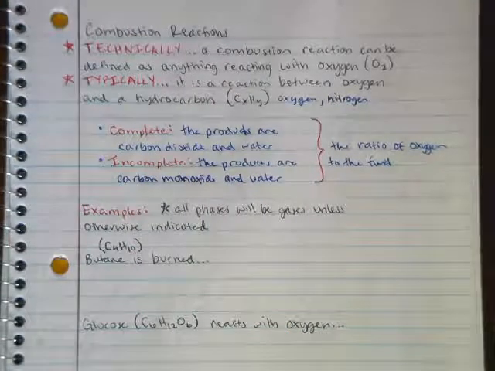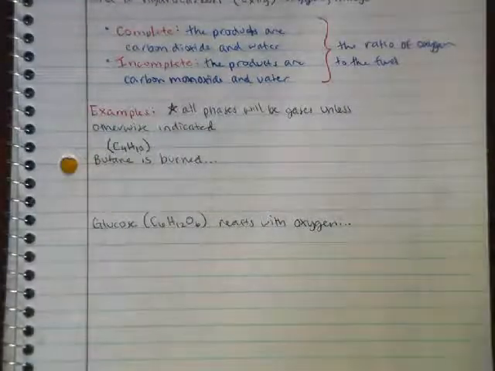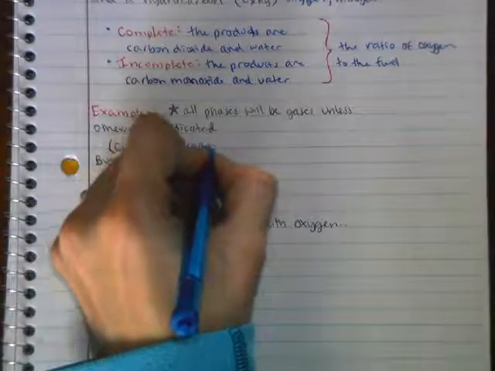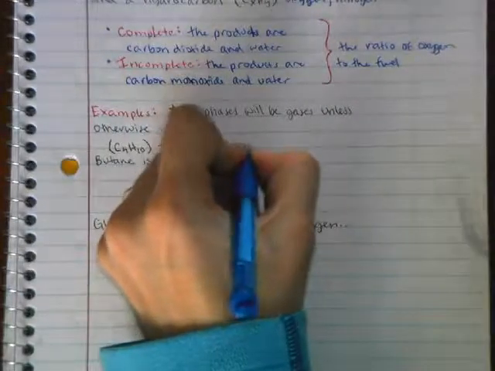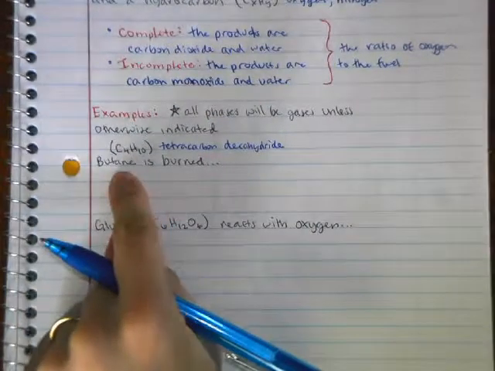As far as examples go, it can be as easy as this one here where we have butane being burned. Butane, by the way, is C4H10. You know it as, or should know it as, tetracarbon decahydride. Okay, this is the organic name, butane.